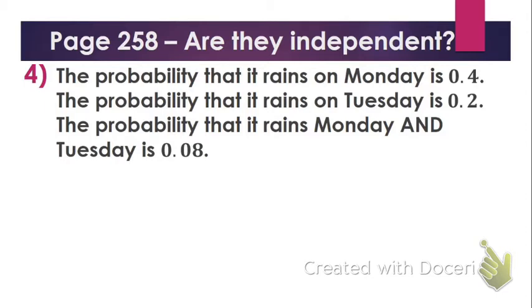And I want to know whether or not these are independent. If the probability of A and B is equal to the probability of A times the probability of B, then they're independent. What are the events that we're looking at here?